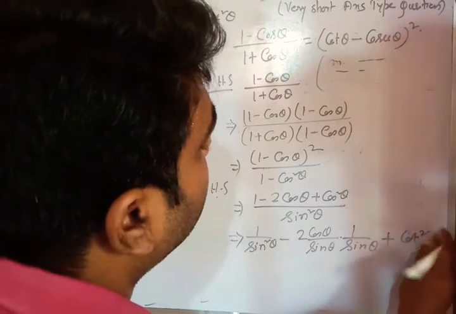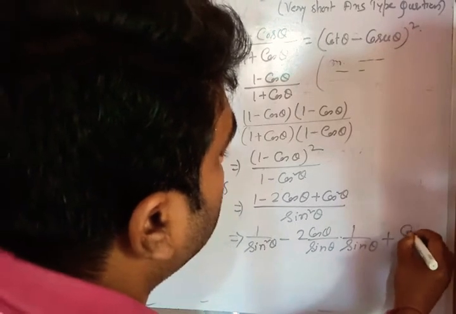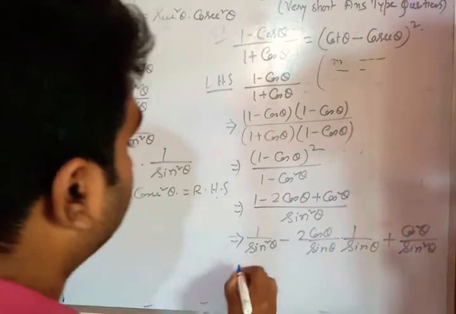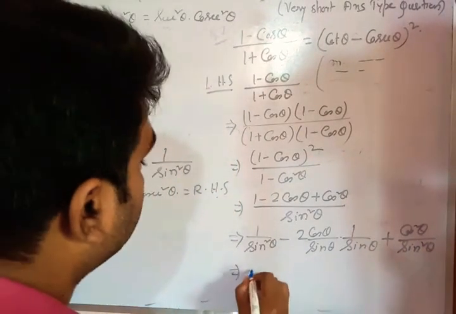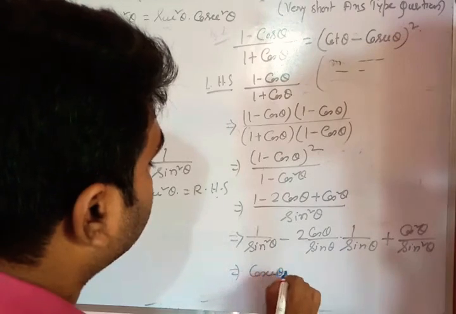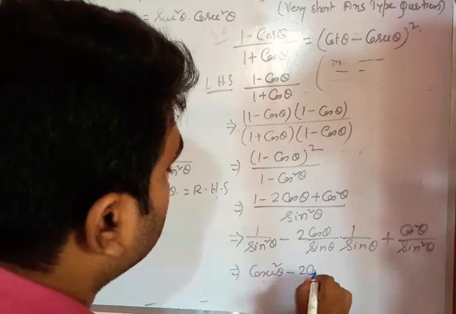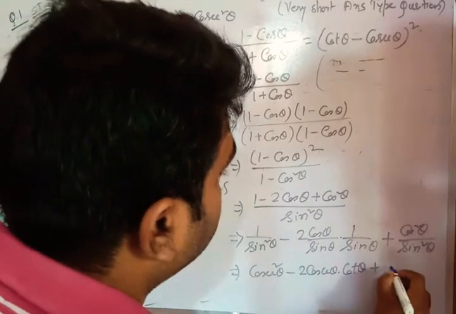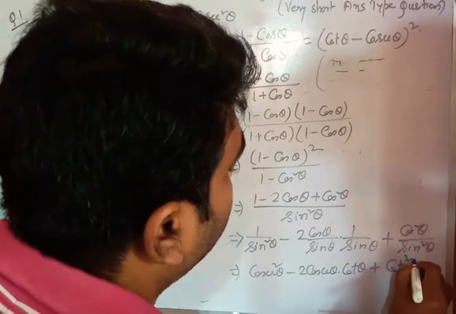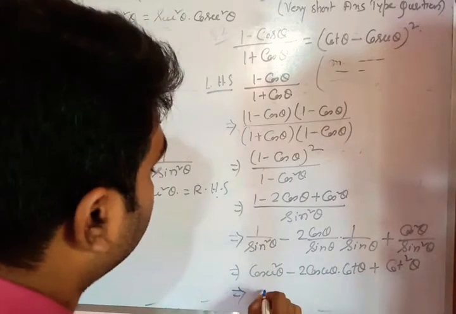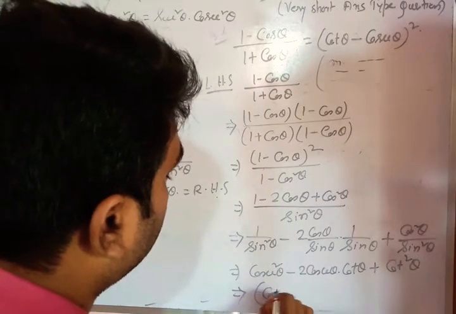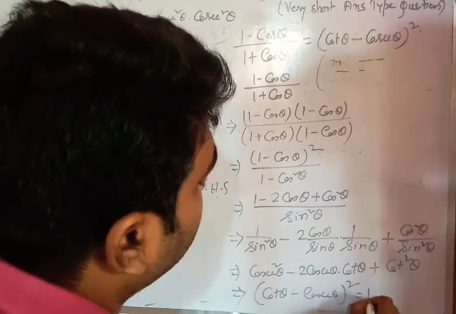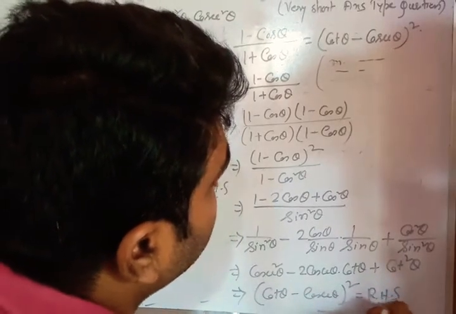I am writing directly in one line: cos square theta by sin square theta. This is cosec square theta minus 2 cosec theta cot theta plus cot square theta. This can be written as cot theta minus cosec theta whole square. That's equal to RHS.